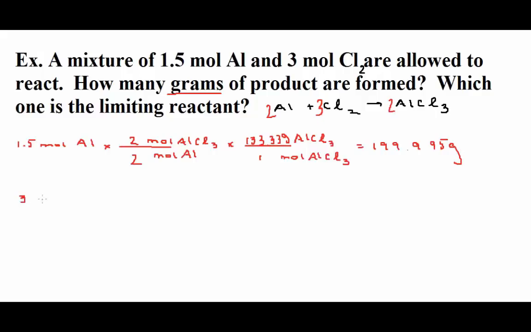So if I have 3 moles of chlorine, then I need to first convert from moles of chlorine into moles of aluminum chloride. So I'm going to put a 2 for the coefficient of AlCl3 and a 3 for chlorine. Then I've got to convert to grams.